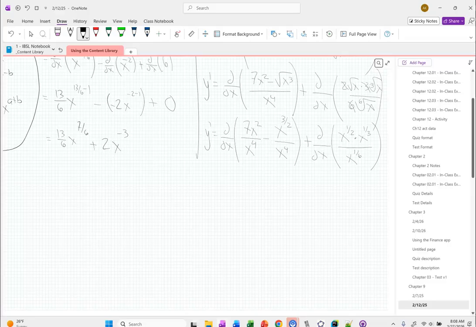Okay. Let's continue simplifying. How should I reduce 7x squared over x to the 4th? Okay, so 7x to the 2 minus 4.